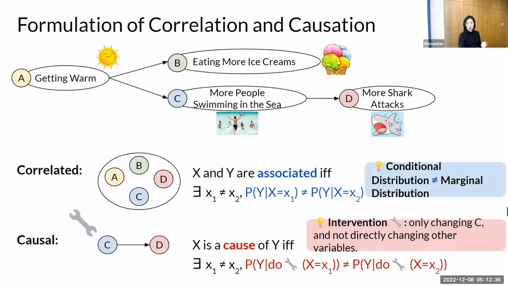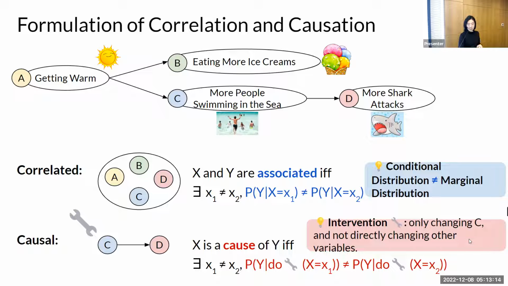For a more formal formulation of this, we could say that correlation basically is a statistical dependency between X and Y. And causation is defined as when you actively do an intervention on X. If you see Y change correspondingly, then X is a cause of Y. And then we will also note that the intervention will only change the target variable, but not directly change other variables.